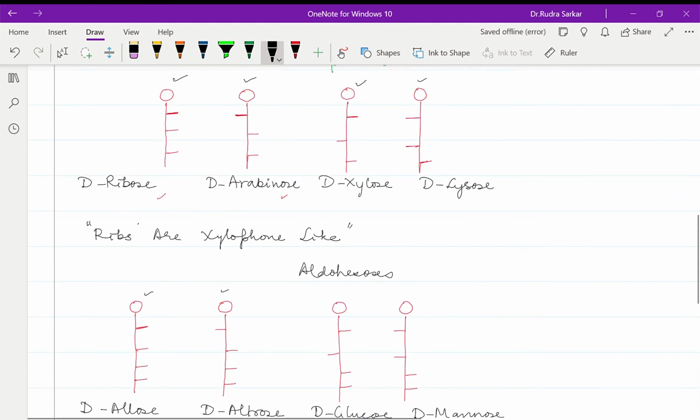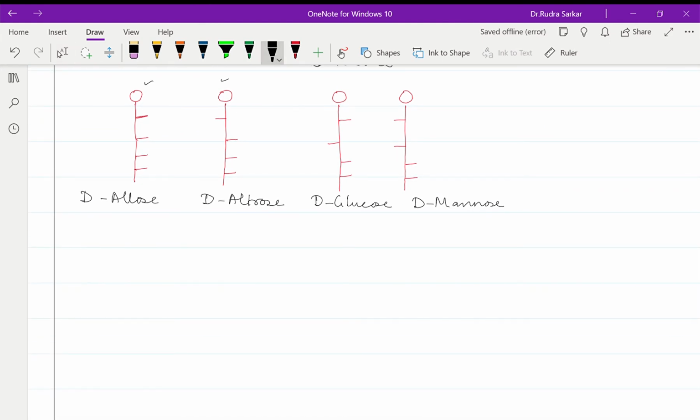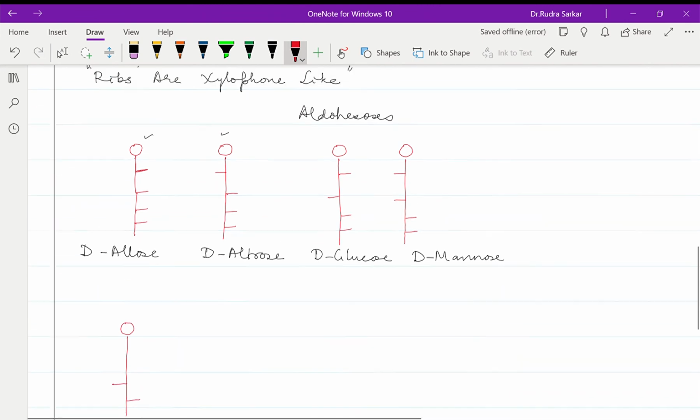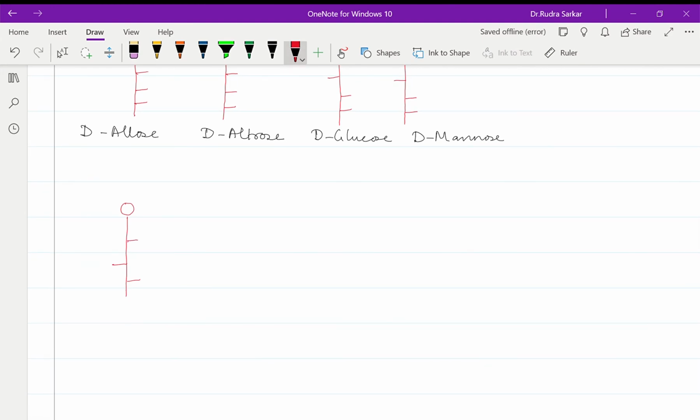If you use the D-xylose, what other sugars can you make out of it? Let's have a look. So xylose meant something like that one. So you place on the right hand side one group like that. Again, two molecules will come out of it.